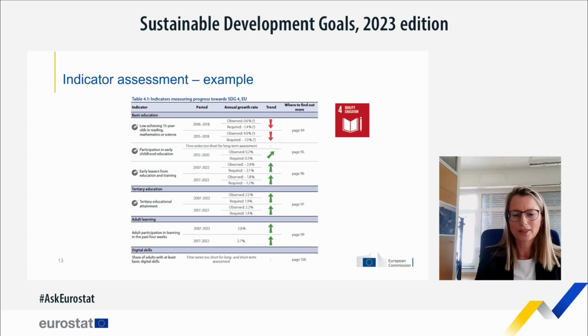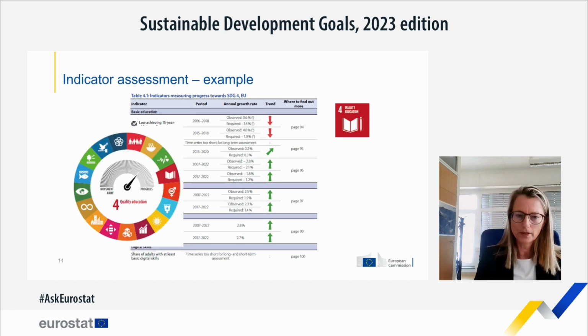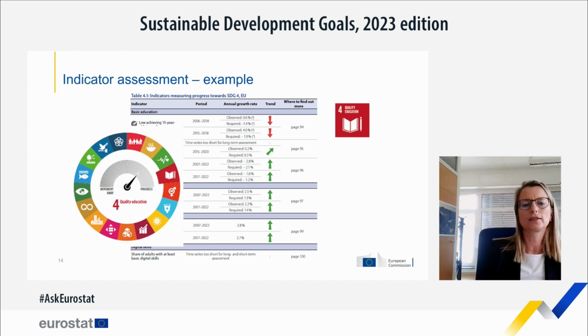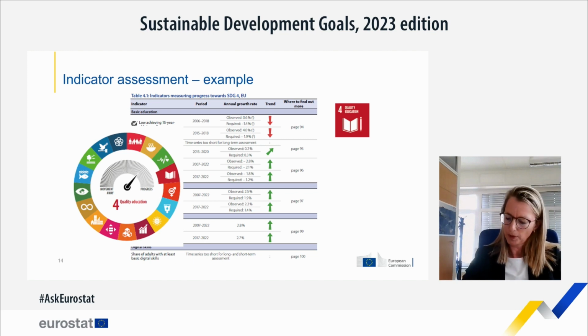So in this case, you see quite a lot of green arrows. So it's doing quite well. And then on the next slide, you can see that we take all these indicators together and we come to a goal assessment, which is then shown here on a tachometer, and all of the goal assessments together are then presented in the overview report, which you have seen at the beginning.